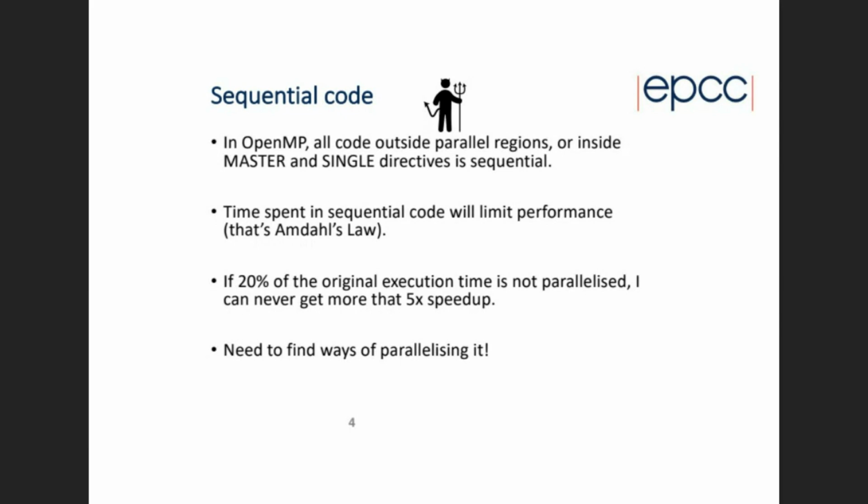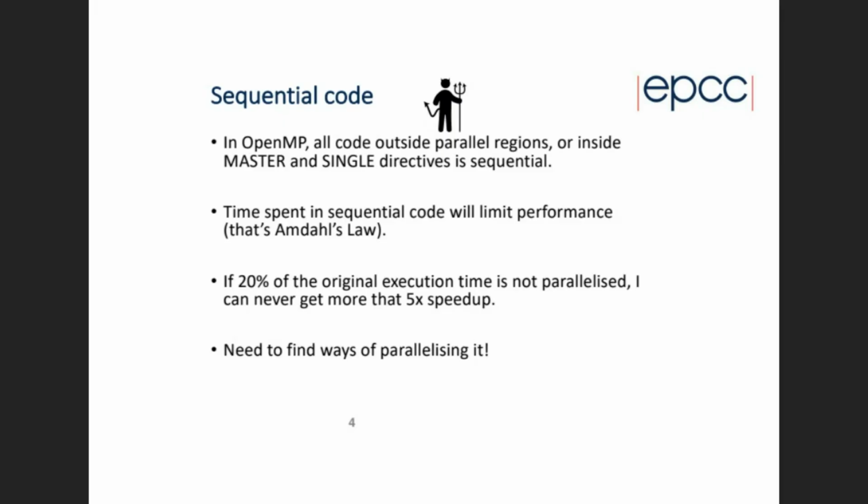Okay, so if I have a code and a piece of the code that takes 20% of the original sequential execution time is not parallelized, then no matter how many threads I throw at it, and no matter how efficiently the rest of the code is parallelized, I'm never going to get more than 5 times speed up, because that 20% of the original execution time, that sequential time, is always going to be there.